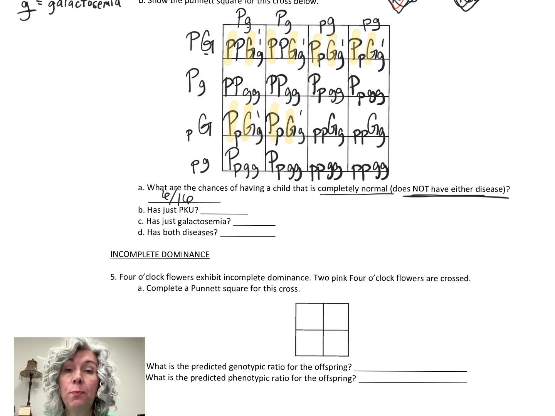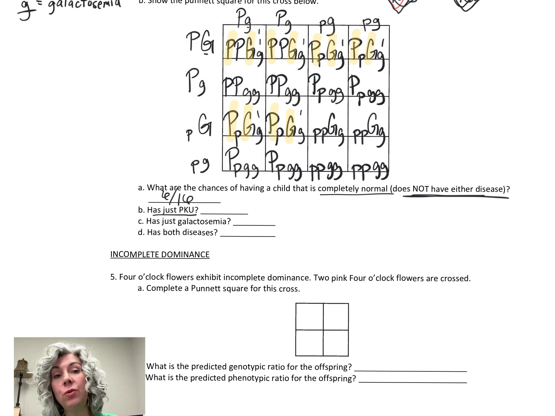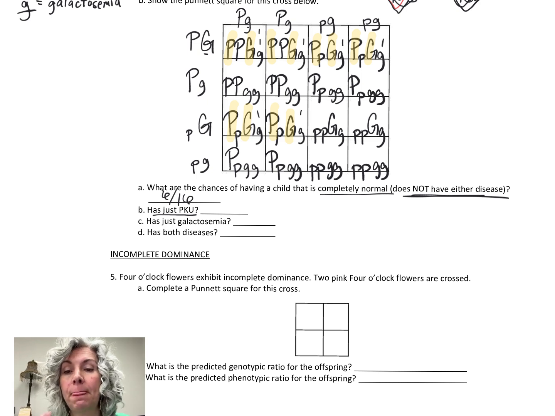What has, part B, has just PKU? What percentage has just PKU? So that means the G's would be normal and the PKUs would have the lower p's. All right, so I'm going to highlight these maybe in a different color. Has just PKU. Nothing with a capital G fits this.